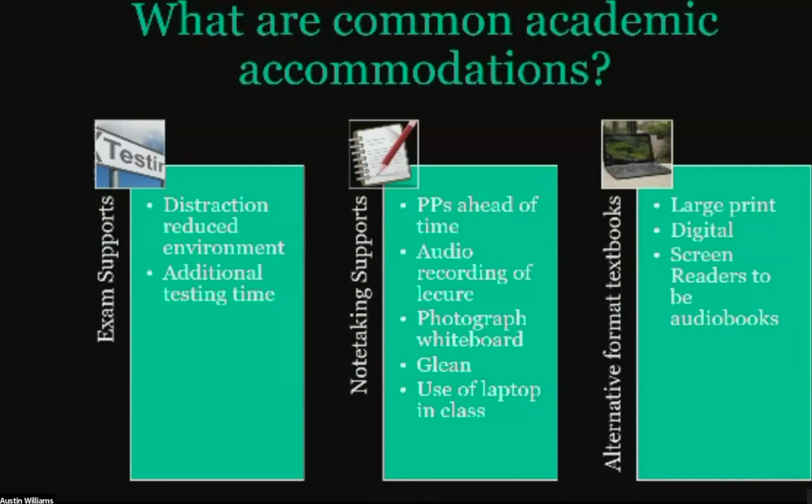Okay, so these are common accommodations that we see at the university level. And when we're finished with this one, we'll go into how you can support students within your courses.